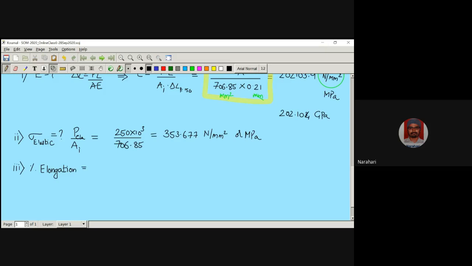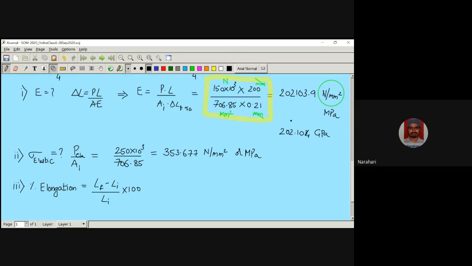Percentage elongation. What is percentage elongation? Delta L by L into 100. What is delta L? Change in length, L_f minus L_i, divided by L_i into 100. You may have different changes in length. For example, here in this case, delta L is 0.21. So this is also a change in length.